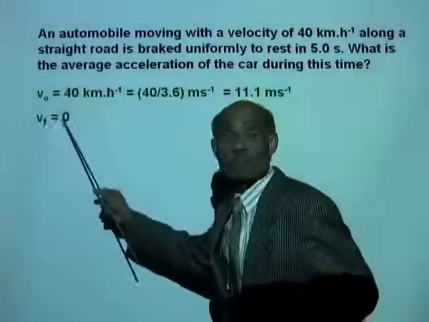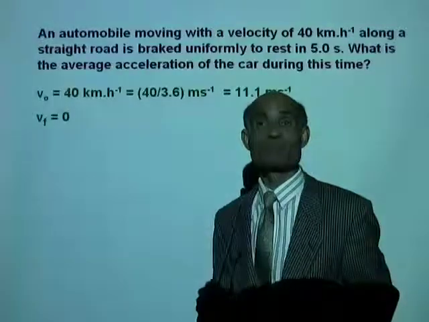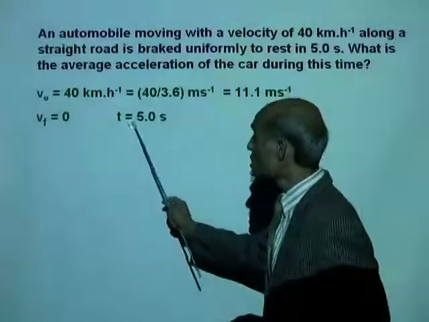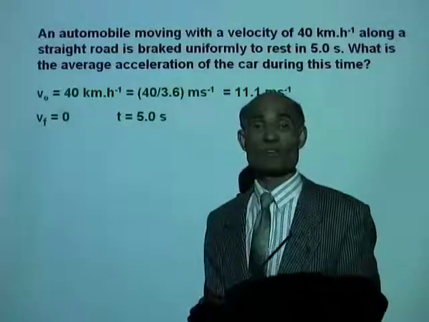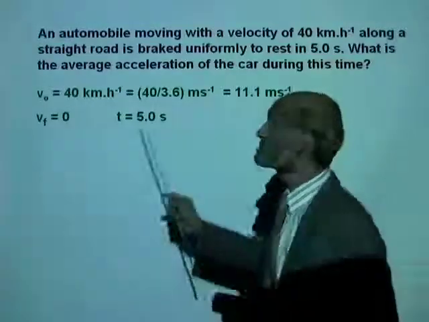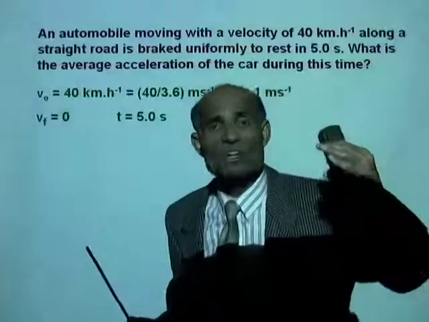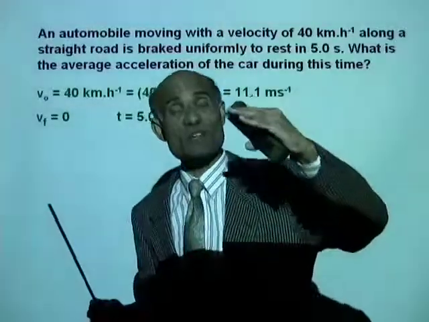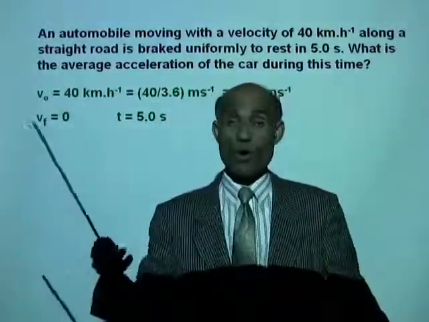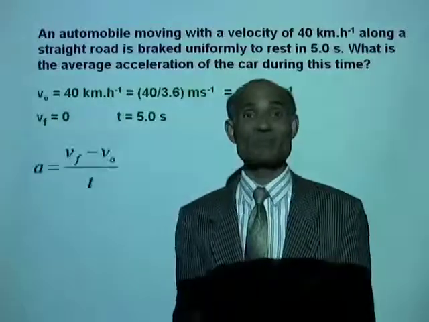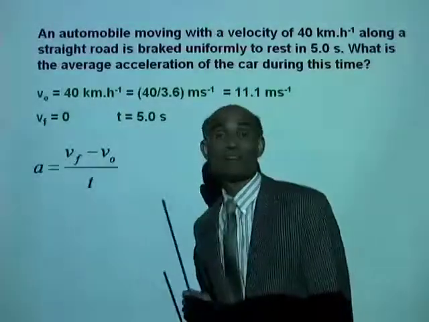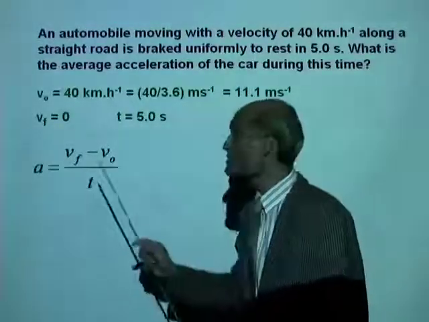What is Vf? Vf equals 0. Alright, the time is 5 seconds. But all we need to do is to find the acceleration. We can either write down the equation for the acceleration right away or use the first equation. We can use the definition for acceleration.